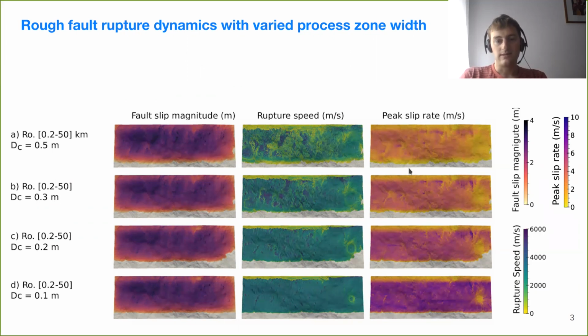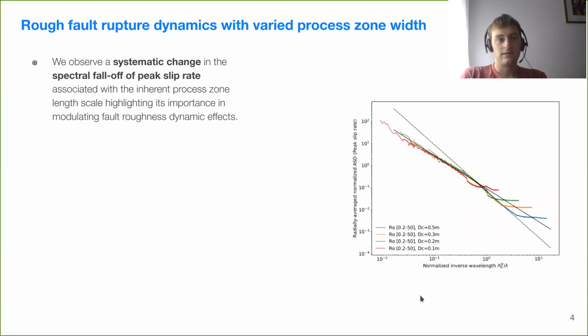The peak slip rate increases with decreasing Dc, which is expected because we want the same amount of slip in a shorter duration, so the peak slip rate has to be higher. Then we study the spectral characteristics of these source properties.